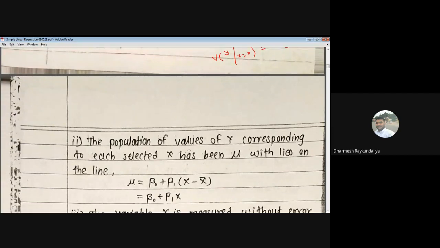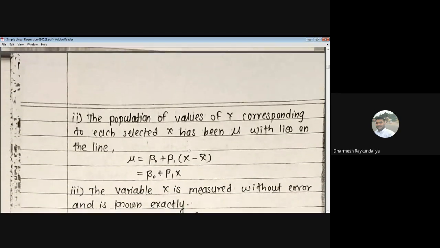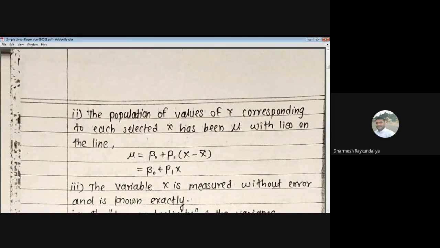The population value of y corresponding to each selected x is mu, and it lies on the line mu equal to beta 0 plus beta 1 x minus x bar.